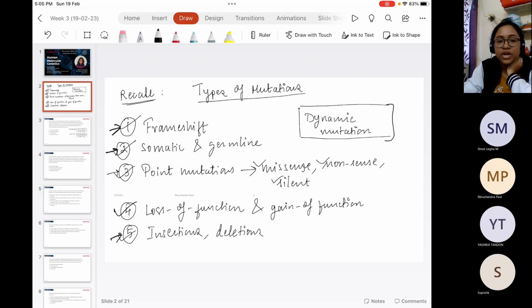So, one of you, can you tell me what you mean by loss of function mutation and what you mean by gain of function mutation? Just a one line answer would suffice. Any one of you.